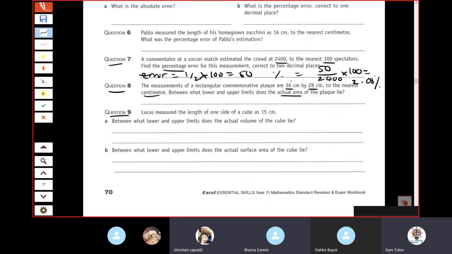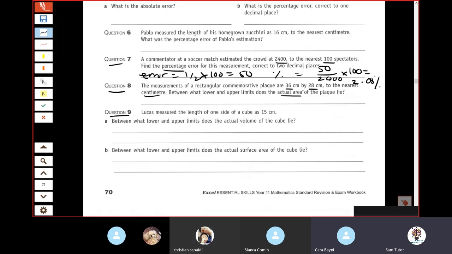Or do I find my upper and lower bounds of each length and then find my area?